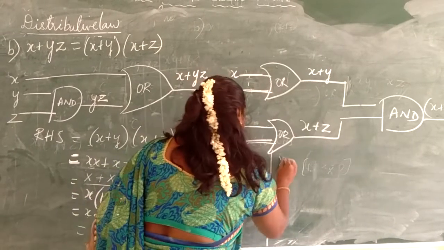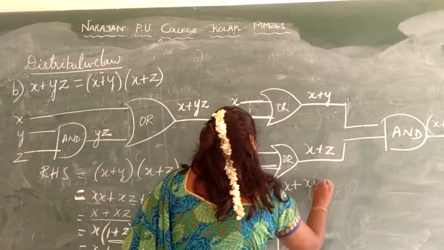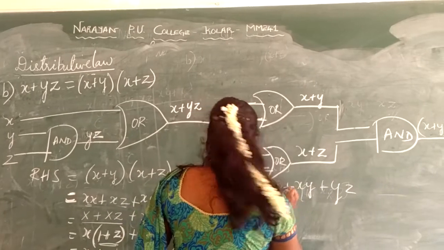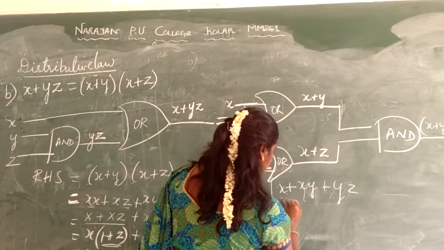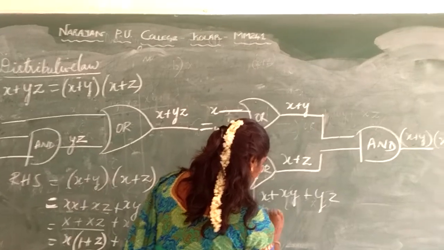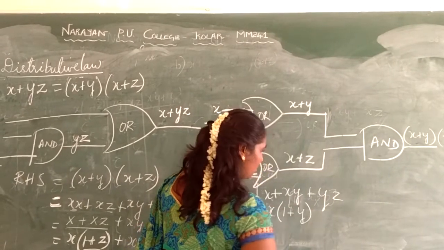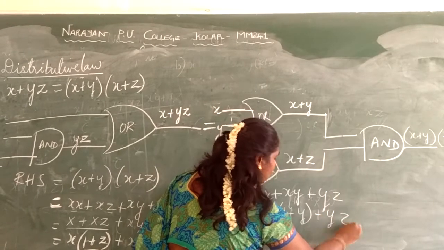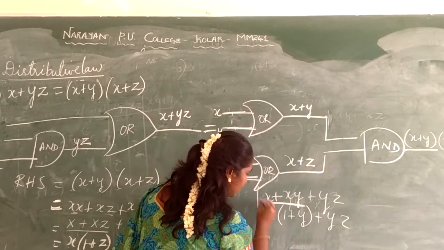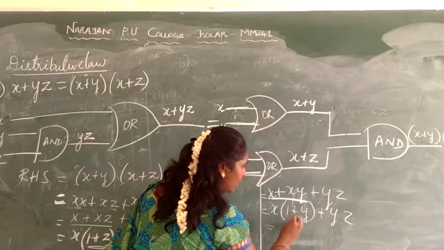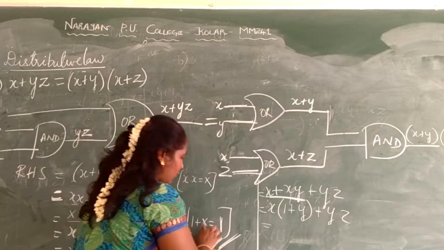Taking x as common again, x into (1 plus y) plus yz. Again, 1 plus y is nothing but 1; in place of x it is y.